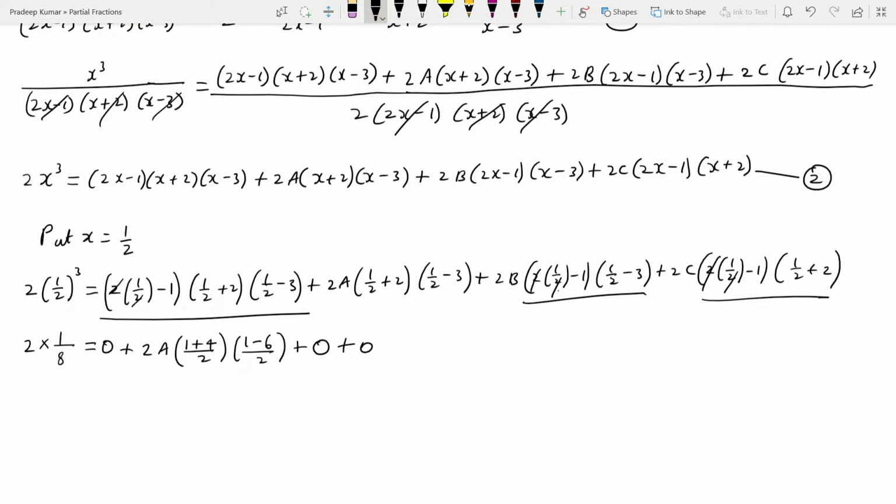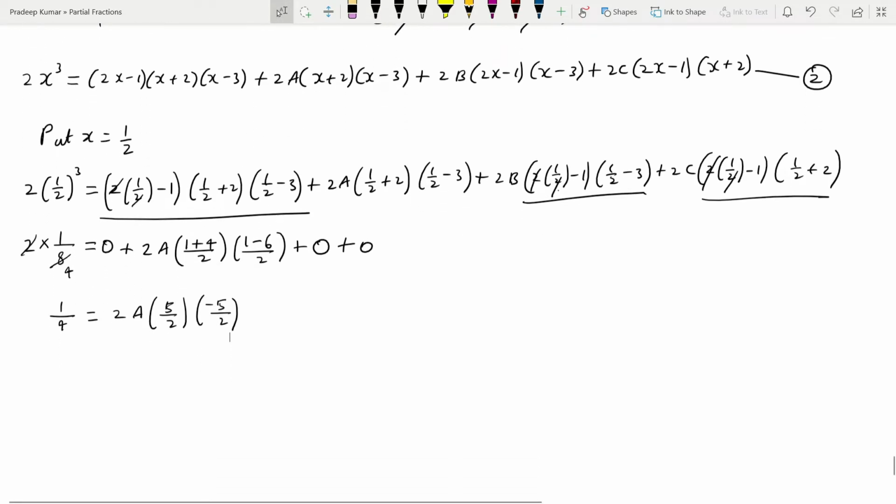So we'll write the remaining things. This is 2 ones are 2, this is 2 fours are 8, so I can write this is 1 by 4 is equal to, so how much was this? 2a, this is 4 plus 1, which is 5 by 2. When it comes to this, 1 minus 6, which is minus 5 by 2.